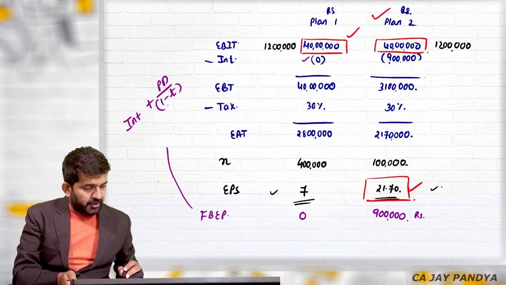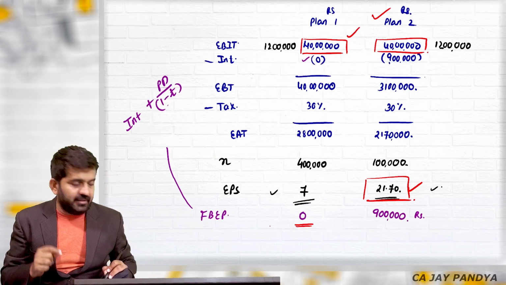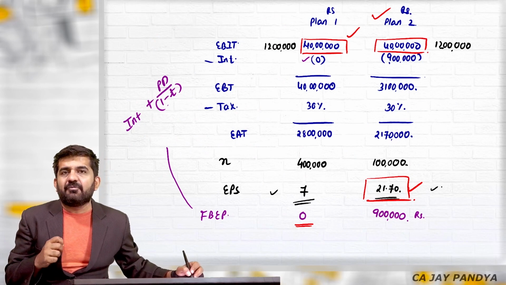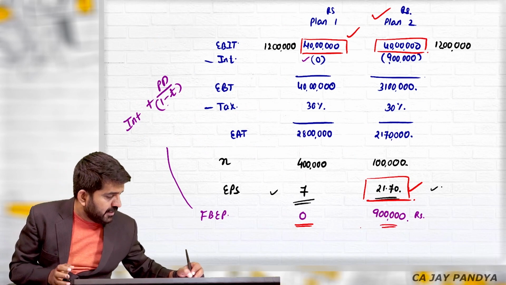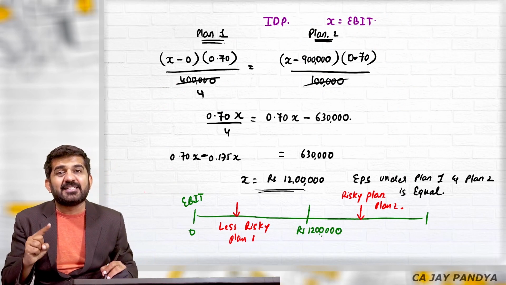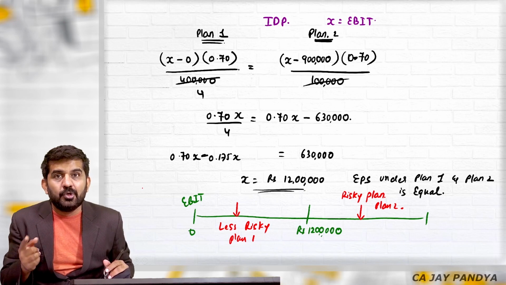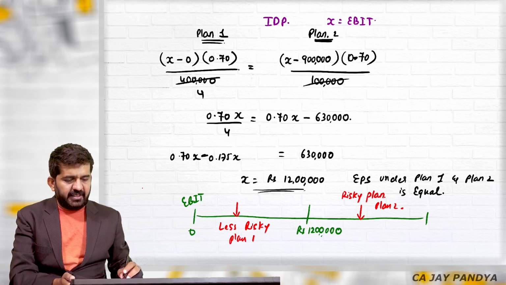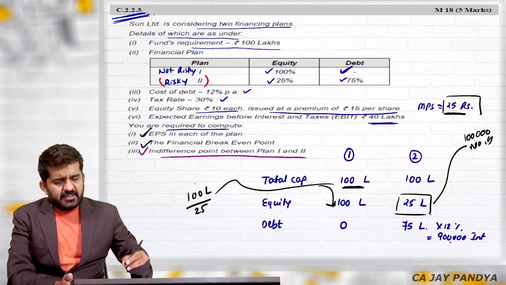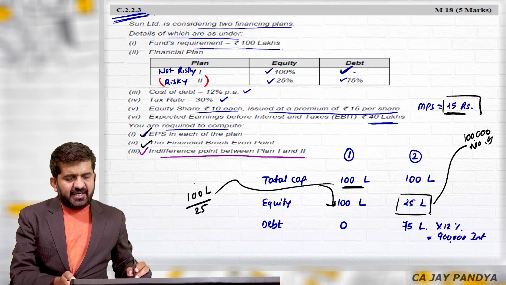Financial break-even point: what was it? 0 for plan 1. For the second plan it is 9 lakhs rupees. So if your expected EBIT is less than 9 lakhs and you go for plan 2, your EPS will be negative. This is a question of financial break-even point, also EBIT EPS indifference point.